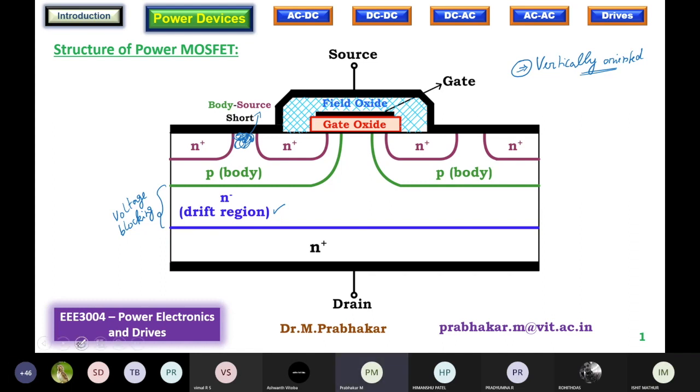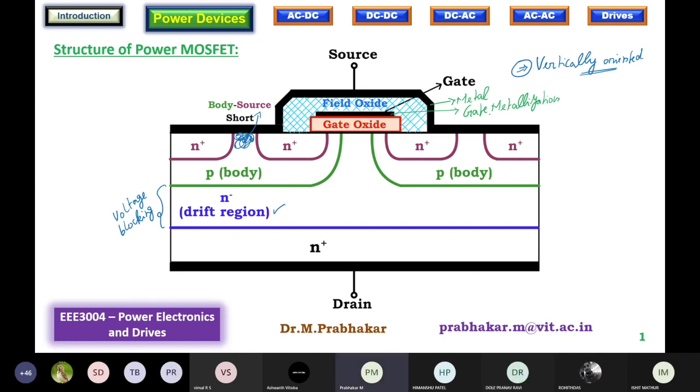Now, the importance of this vertical oriented configuration is when we look from top to bottom, we have metal here. Of course, I am referring to the source metallization. Gate metallization can also be checked. This I will refer to as gate metallization or gate contact.